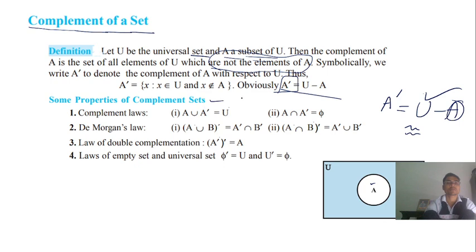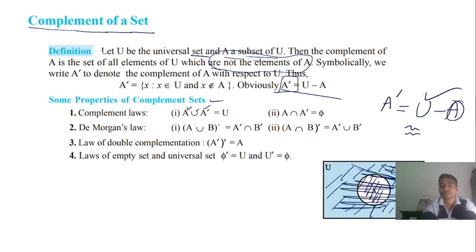Some properties of complement sets are the law of complement, that is A union A dash is equal to U. Suppose this is A and all the elements other than A are the A complement, and combining these two, A union A complement will be the universal set.